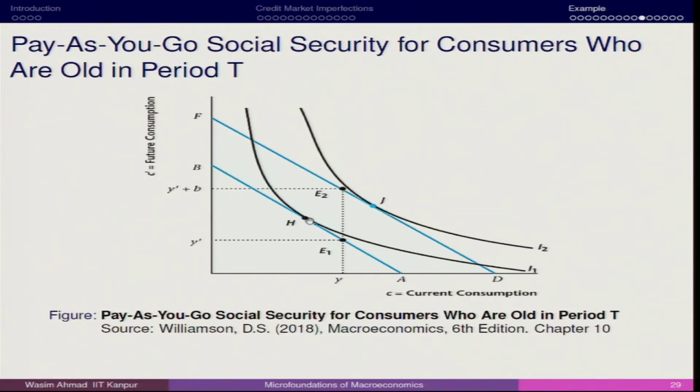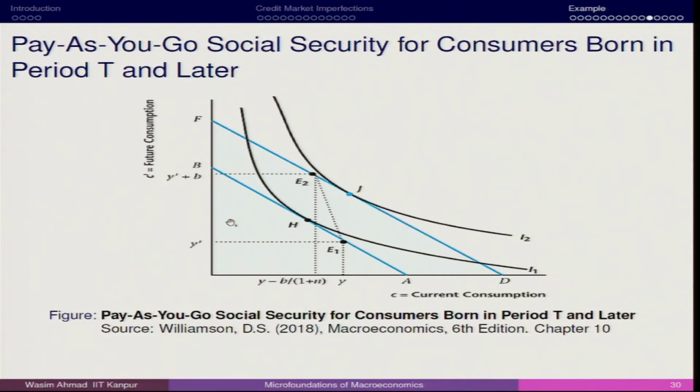Earlier he had consumption of this much, but now the endowment has gone up with the benefit in the future, because in the current period he is not bothered so much. His future consumption rises, accompanied by a parallel upward shift of the budget line. It is clear that we see a parallel movement, the individual moves from a lower to a higher indifference curve, and the old are having a good time.